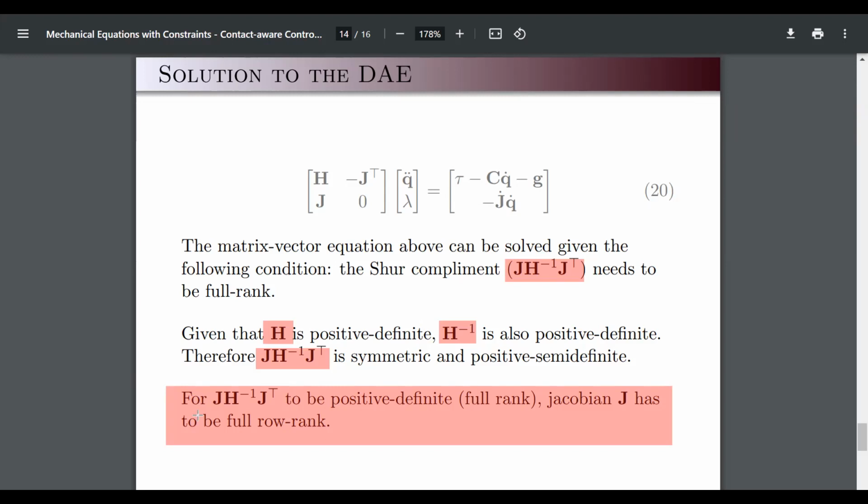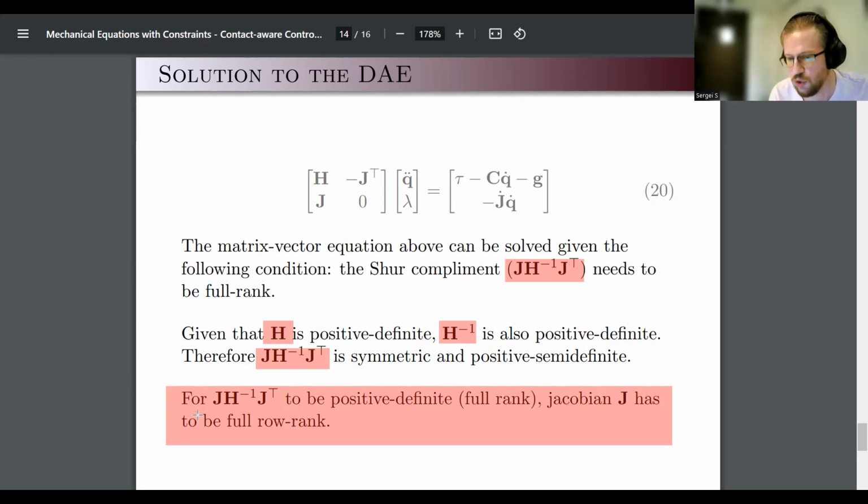So we could, in fact, solve our system, find our q double dot, find our lambda, and everything is great. And we achieve what we set out to achieve. So we achieve the solution of our differential algebraic equation.